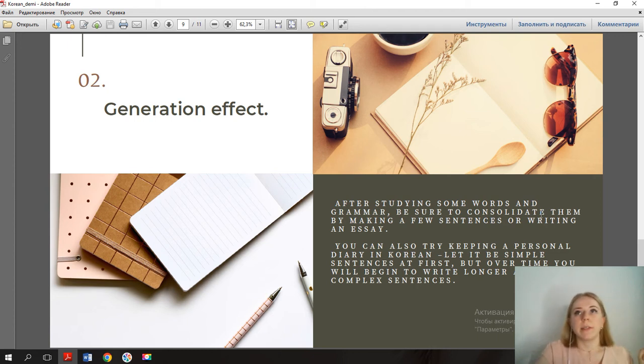For example, I have learned by heart words like today, yesterday, tomorrow, or maybe numbers from 1 to 10, and I can make a story with hours.